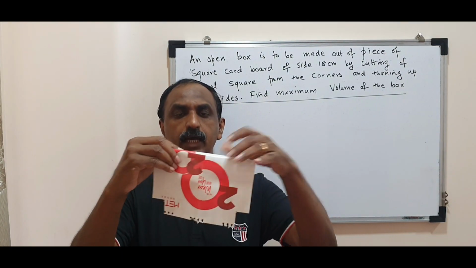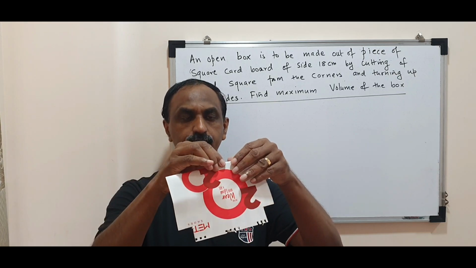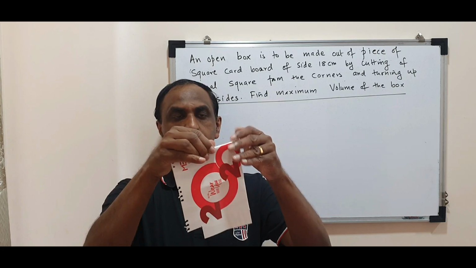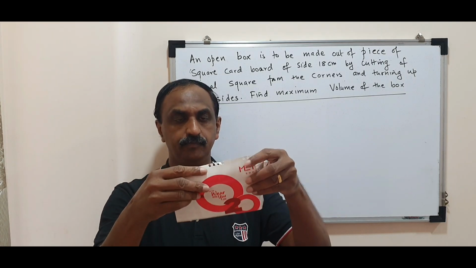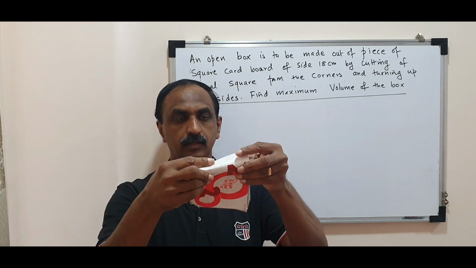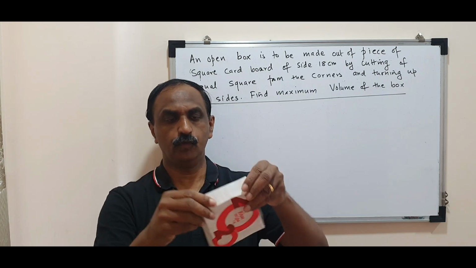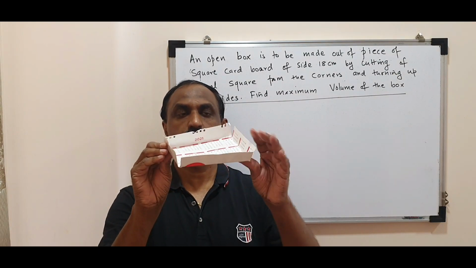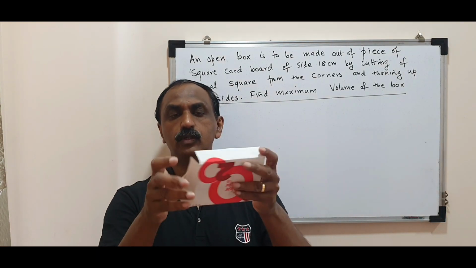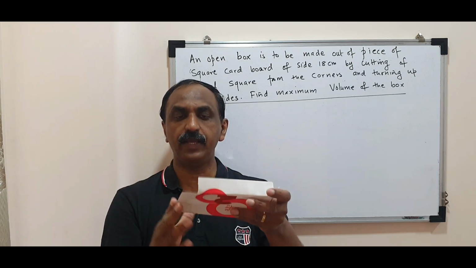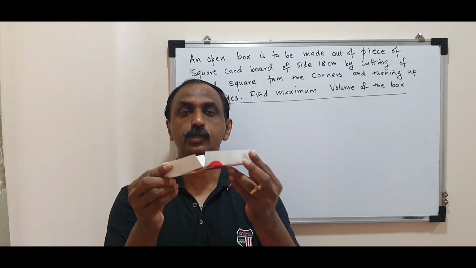Then it is folded upward like this. So we get a box. Now we do not know what is the length of the side cut. We need to cut it such a way that the volume of this box should be maximum.